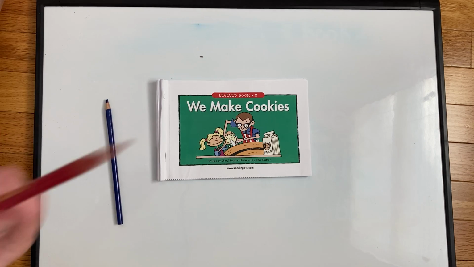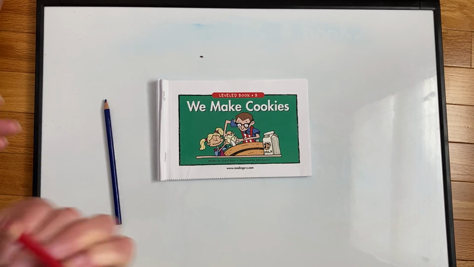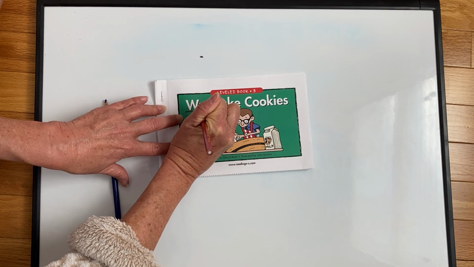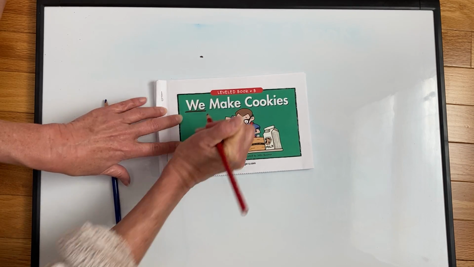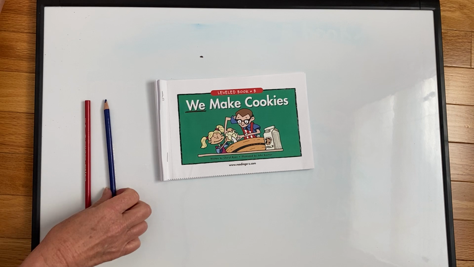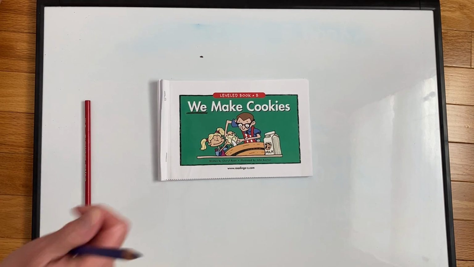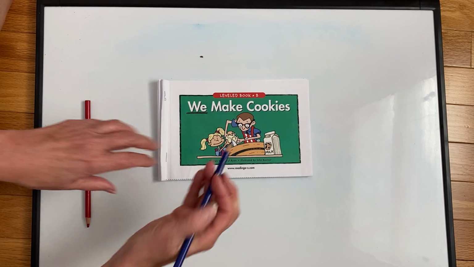So we're going to take our one color, and I want you to underline the word we, because that's the naming part of our sentence. That's who the story is about. And what does our title tell us that they're doing? That's right, they're making cookies.